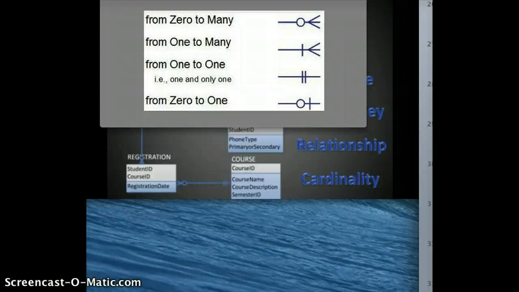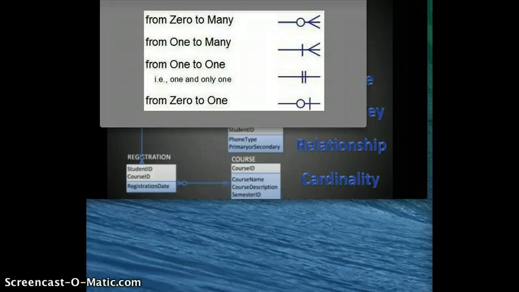One to one is each entity in the relationship will have exactly one matchable entity. One to many is an entity on one side of the relationship can have many related entities, but an entity on the other side will have a maximum of one related entity. Many to many is entities on both sides of the relationship can have many related entities on the other side.